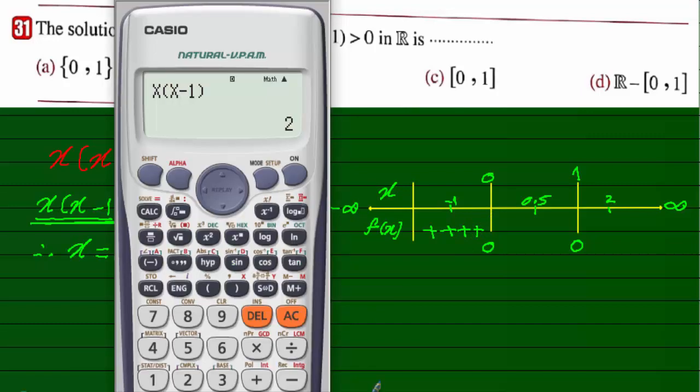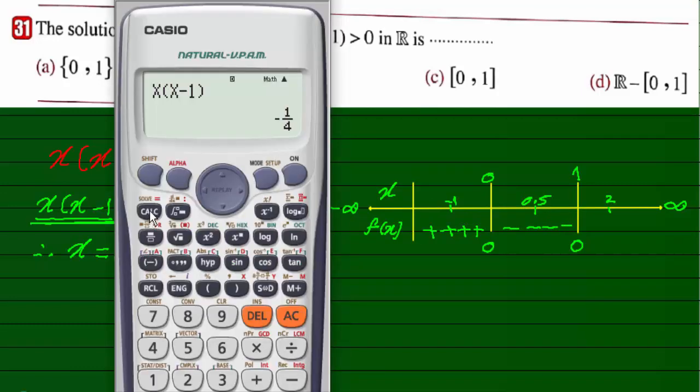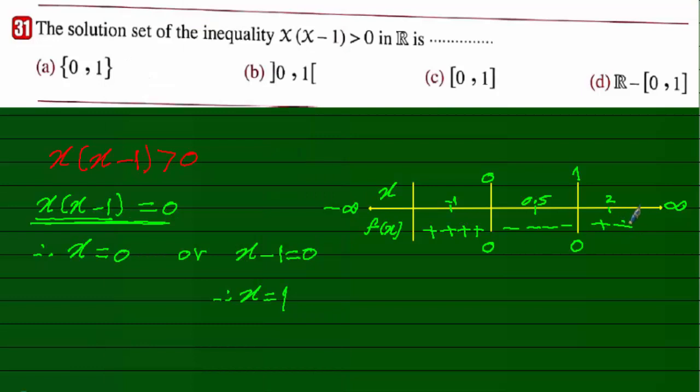Back to the calculator. Calculate for x equals 0.5. It is negative 1 over 4, so the sign here is negative. Then calculate for x equals 2. So we have a positive sign here.